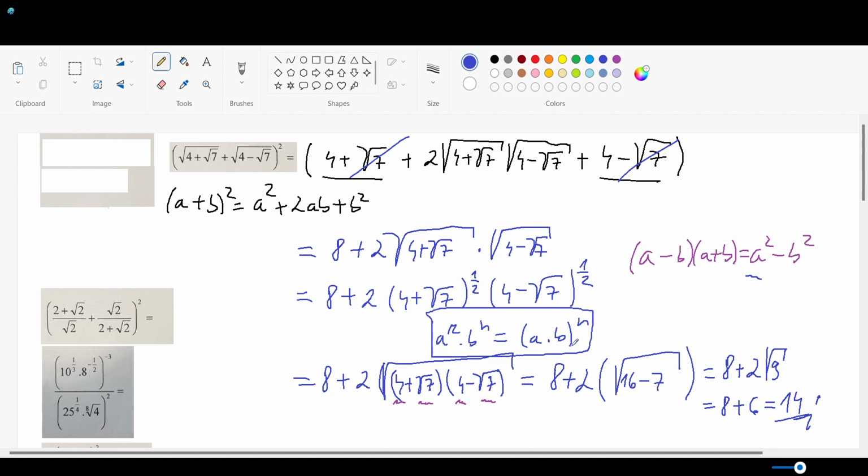So if I have the same power or same square root, in this case I can use the formula square root of a times square root of b equals square root of a times b. The square root of a times square root of b is equal to square root of a times b, which is more or less the same thing, which applies for the indices. Okay, so the result will be 14. This one was a little bit tricky, but we found the solution.